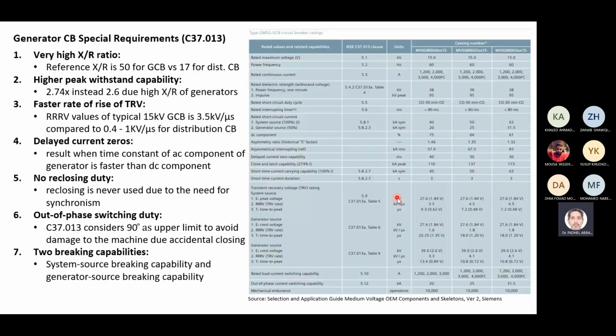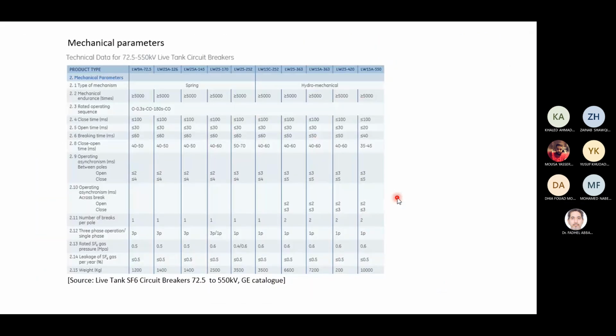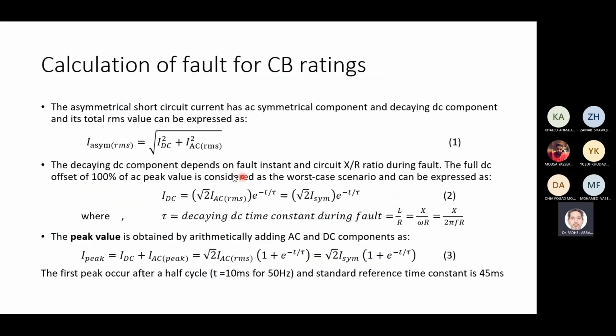So this is a worst case scenario to include the maximum DC. The DC can be defined as the RMS value of the AC symmetrical value times root 2 to get its peak. So this is the maximum value of the DC.